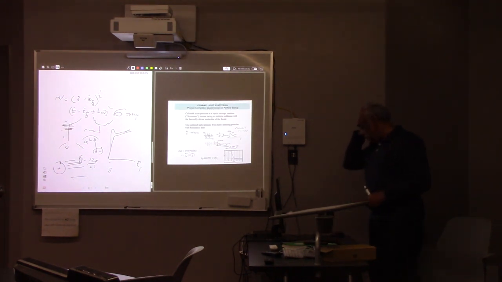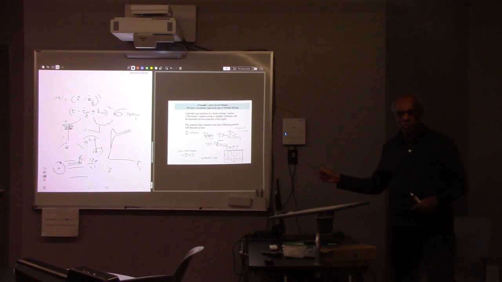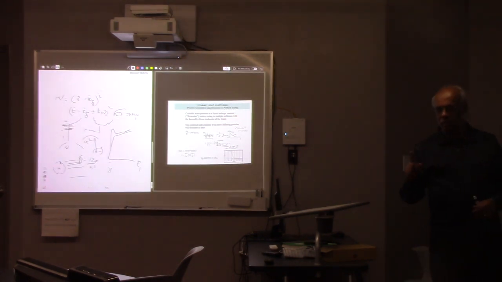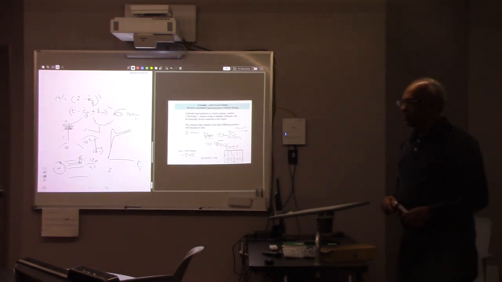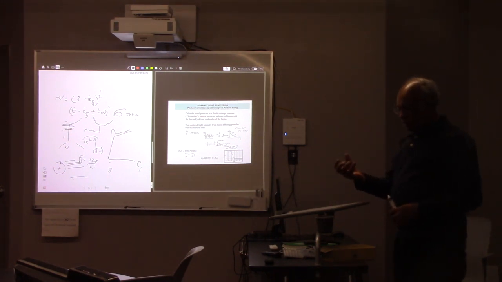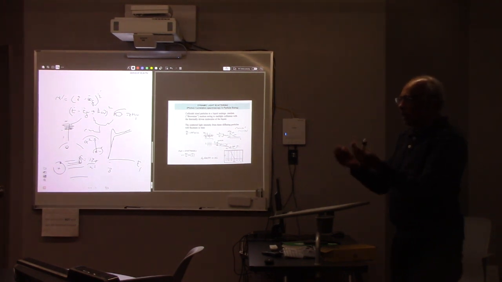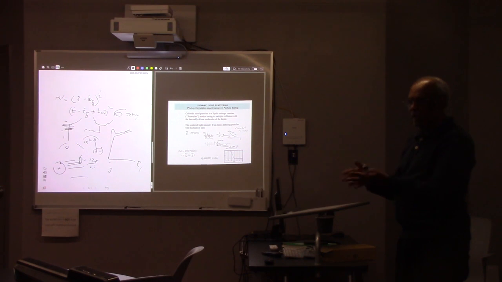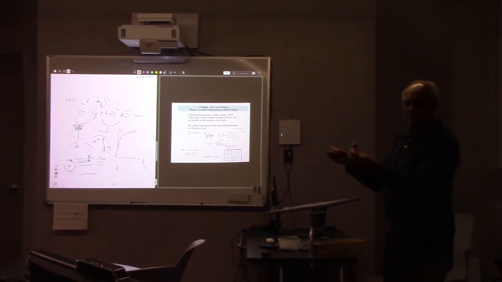So next one, you are going to do this experiment in the quantum lab. This is called dynamic light scattering, a very important technique to measure the particle size distribution. Suppose we have some nanoparticles dispersed in a liquid, so they have different sizes, right?